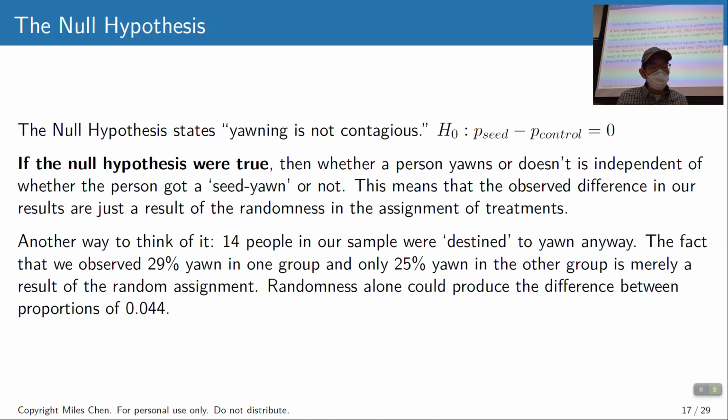And the fact that in one group, 29% ended up yawning, and in the other group, only 25% ended up yawning, that's just a result of the random assignment and had nothing to do with whether there was a seed yawn or not, or whether they were in the control group or not. Under the null hypothesis, we're going to say that randomness alone could produce this difference in proportions of 0.044.